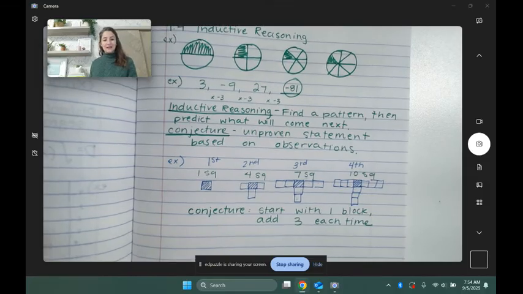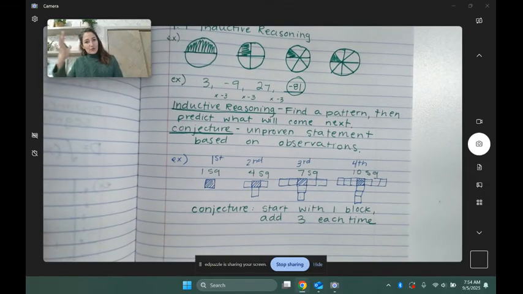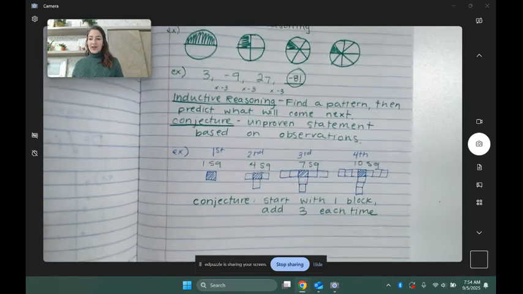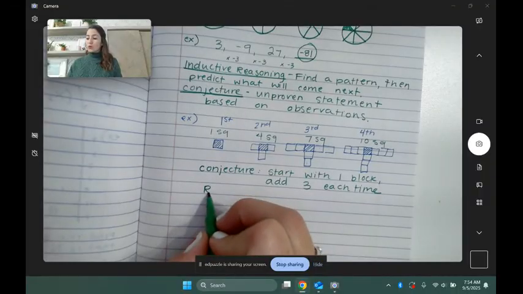Something like that. And then you can induce what the next one is after that. Sometimes they're going to have you come up with a rule for this.